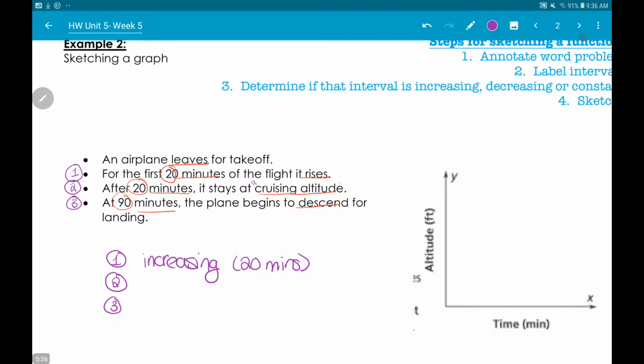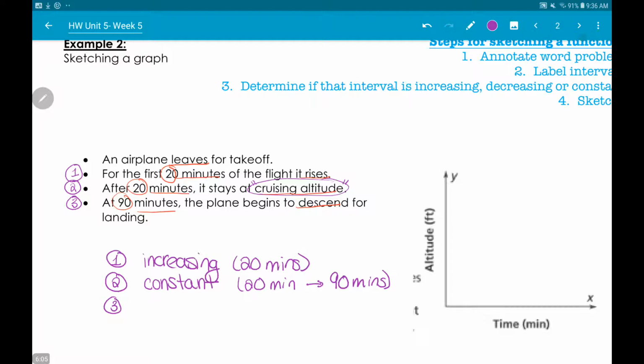What do you think that sounds like? Increasing, decreasing, or staying constant? Cruising altitude actually means it's going to be constant because it stays the same. That's happening from 20 minutes until the next change, which is at 90 minutes.